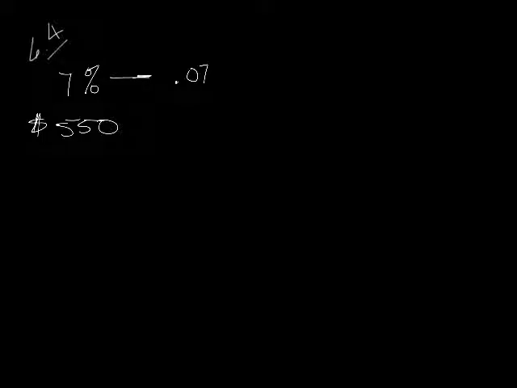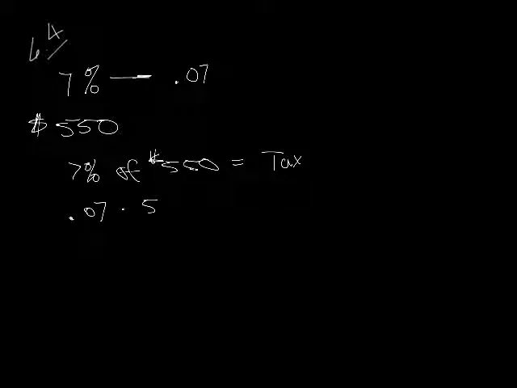So 7% of $550 is sales tax. So 0.07 times $550 is going to tell us how much money of that 550, or how much we're going to pay in addition to that 550 in sales tax.